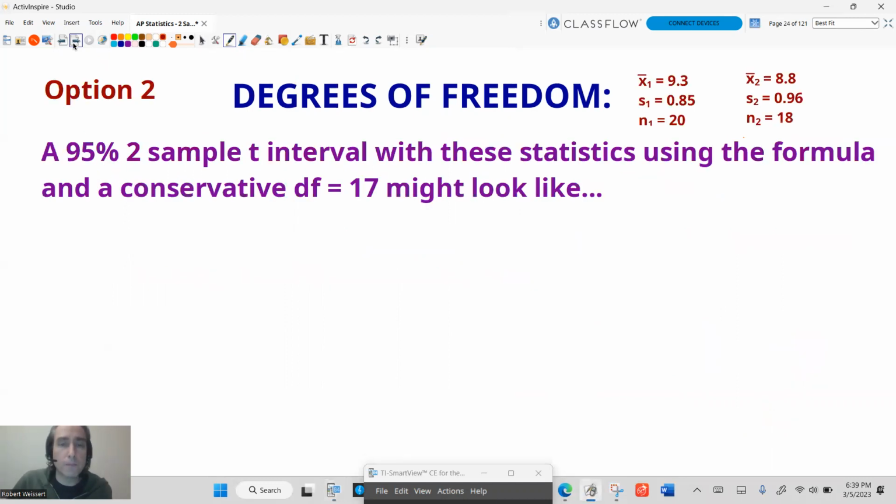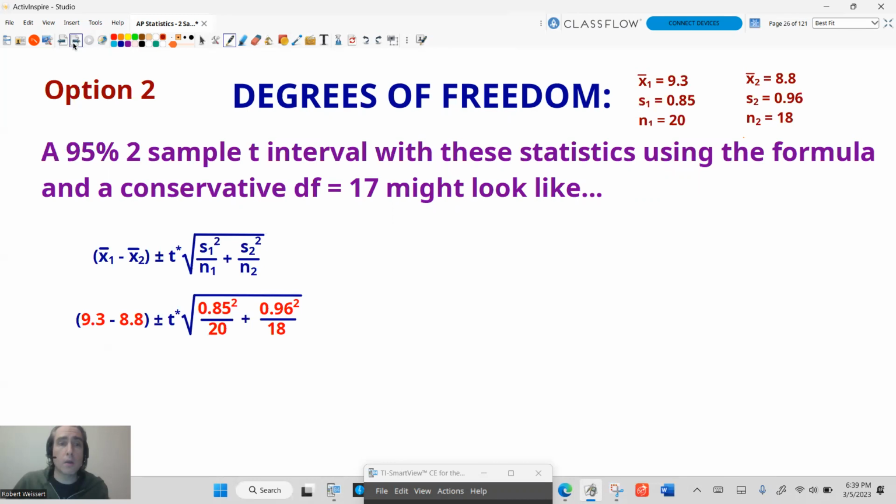Now what that does: if 17 is your degree of freedom and you're calculating an interval, you're going to use the formula. Then you're going to still plug in your means, standard deviations, and sample sizes into that formula. Remember, the formula is not going to be outright given to you, but the standard error is.